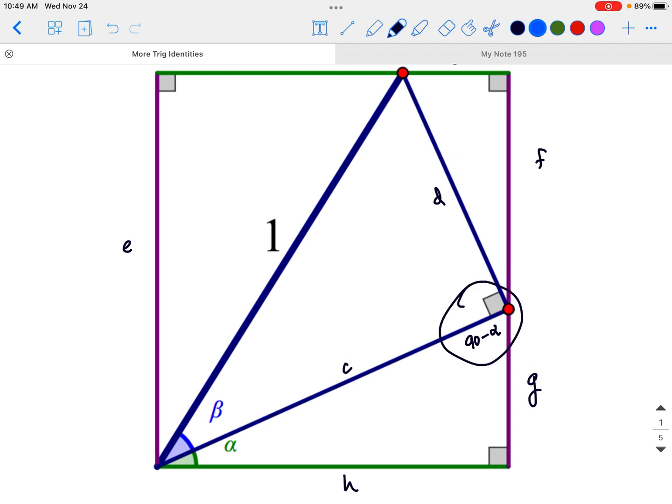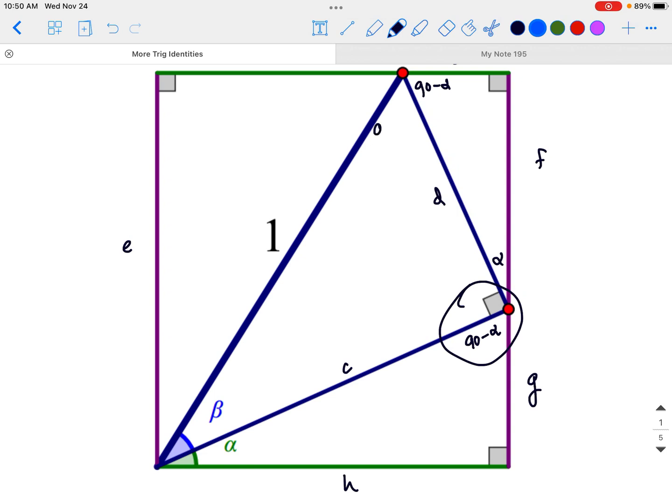So we'll notice here we've got a straight angle, so we know that's 180 degrees. So we've got 90 plus 90 minus alpha. So this angle has to be alpha, which means this is also 90 minus alpha, similarly.